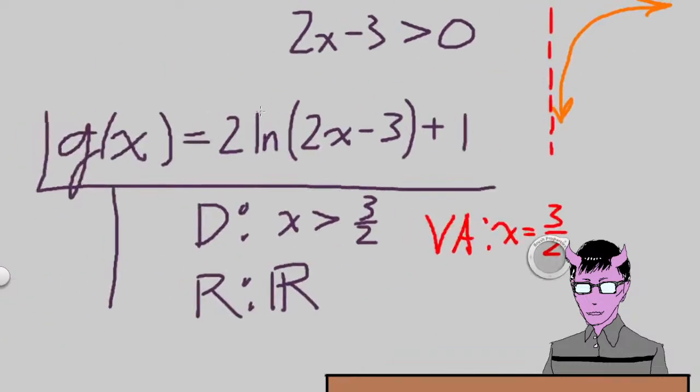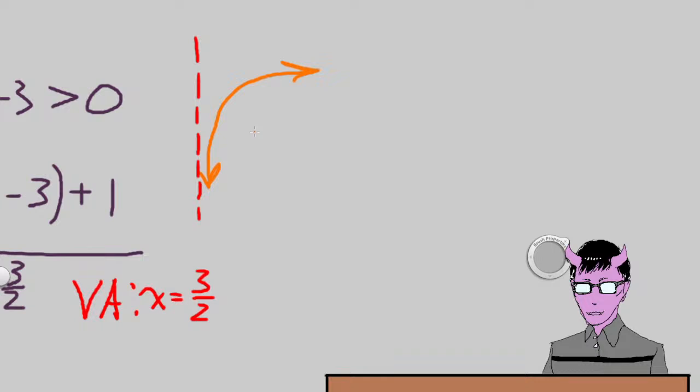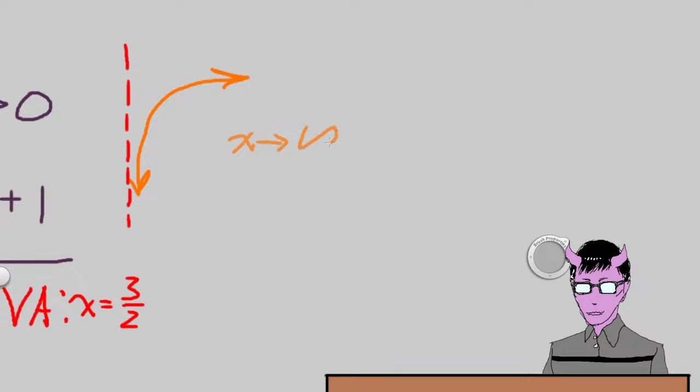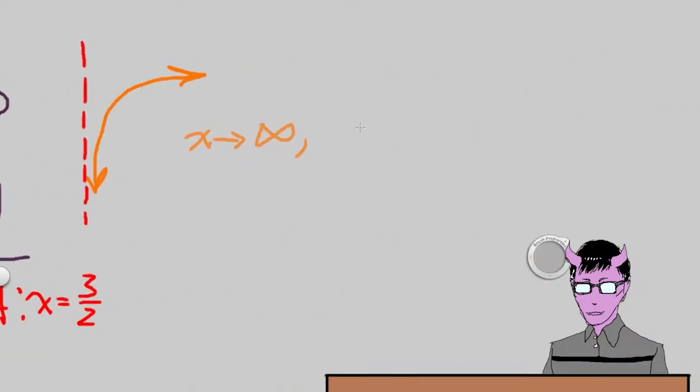And the behavior carries over to this one. So as x gets bigger, y gets bigger. As x approaches positive infinity, then the y value, g of x, also approaches positive infinity.